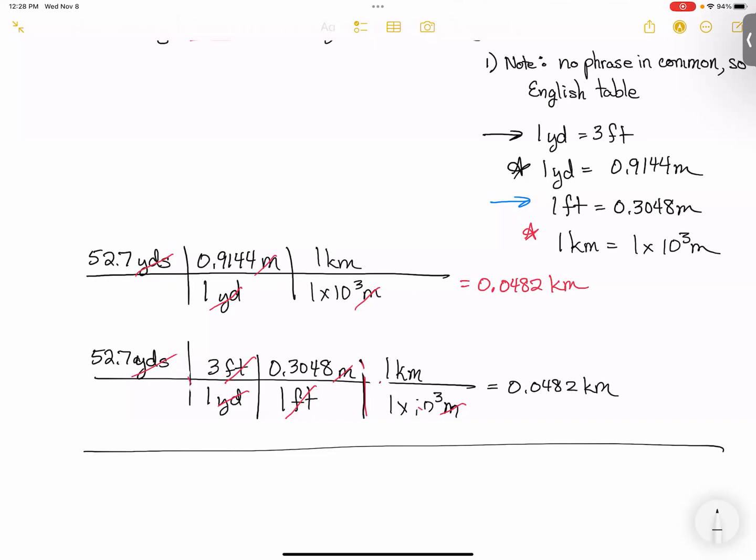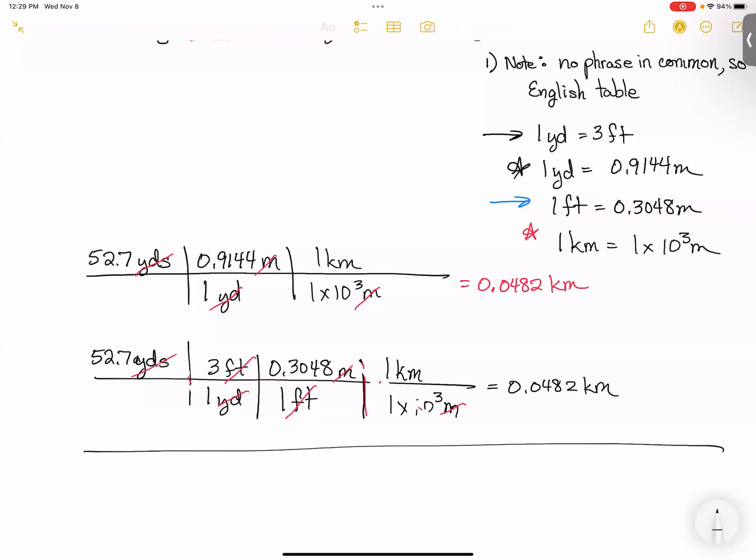Because if I give you ounce, you're not going to know whether it's going to be the mass one or whether it's going to be the volume until I say ounces of liquid. And if I say ounces of a liquid, what is it? It's the volume column. But if I say ounces of meat, what is it? The mass column. So you got to pay attention.